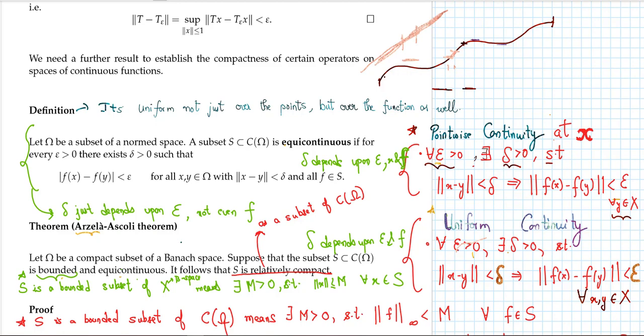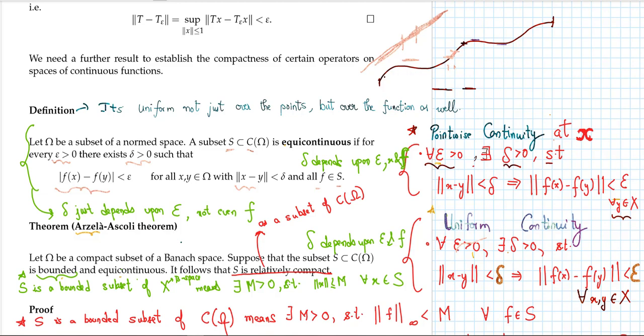Now I further extend this notion to a subset S of continuous functions being equicontinuous if for every epsilon greater than 0 there exists a delta greater than 0 such that the norm of f of x minus f of y is less than epsilon whenever the norm of x minus y is less than delta, for all f belonging to S. So this time this continuity is over the subset of continuous functions, C of omega, where omega is a norm space.